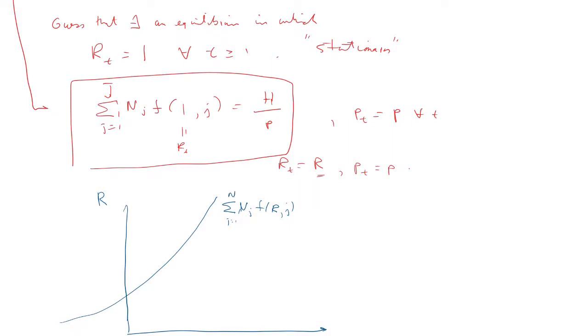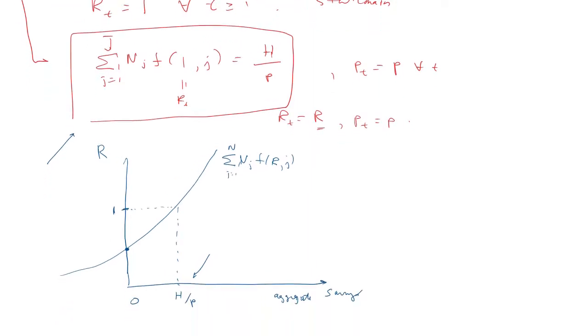Here's 0. And what this equation is telling me to do, I stare at that equation, it's saying put 1 here, and then come down here and read h over p from there.